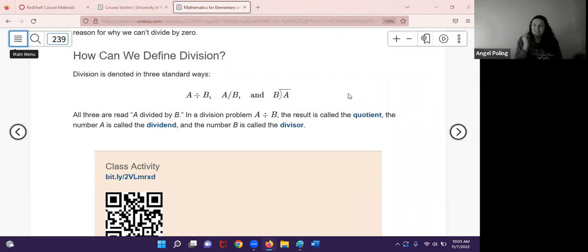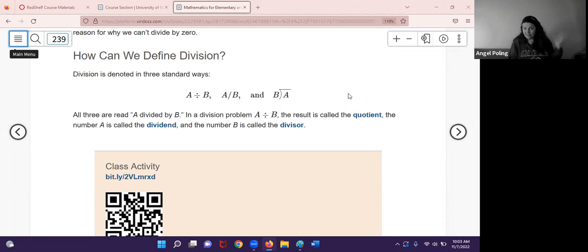You've got your dividend, which is your numerator. And then the result of which is called a quotient. So when you see these 2 together, married with that symbol, you are looking at the quotient, because the result is the quotient.